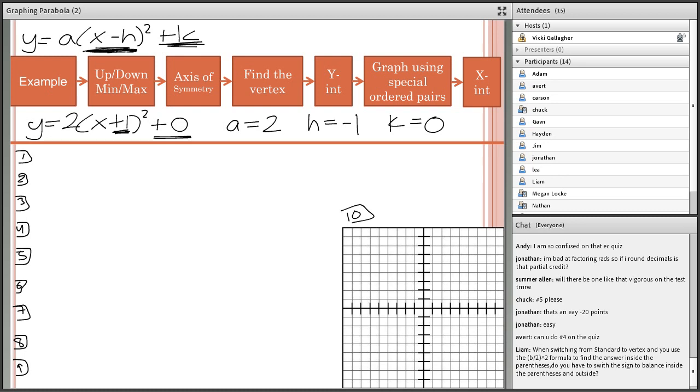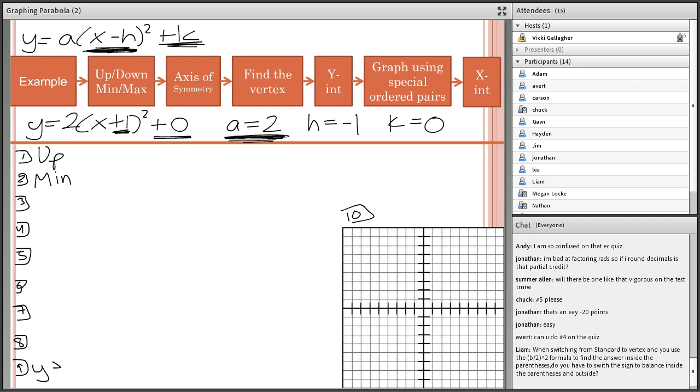All right, so first question, up or down? And just like on our standard form, we're going to look at our A, which is positive. So we're going to write up. Up is always automatically followed by min, and up will determine the direction of my inequality for my range. So I'm going to start that down here.